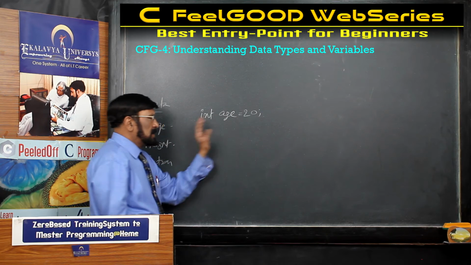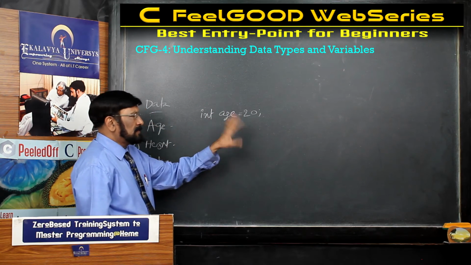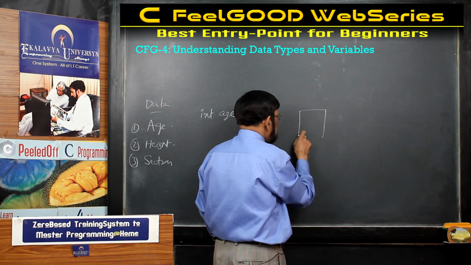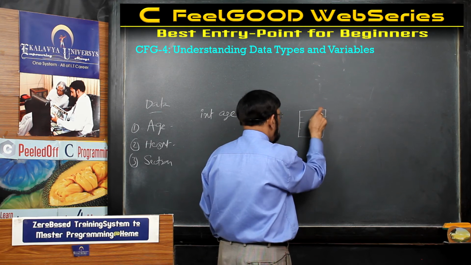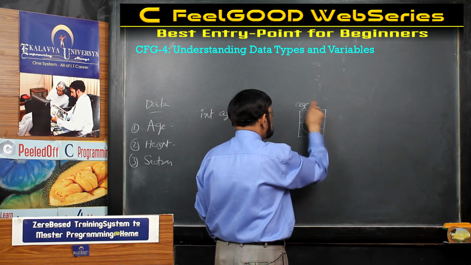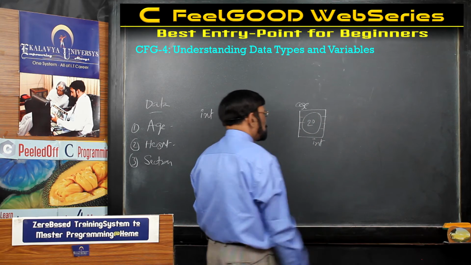One statement I am writing in programming. Now, what is happening in computer memory? One memory container is allocated in the computer, and its name is age. Its type is int. Its value is 20.